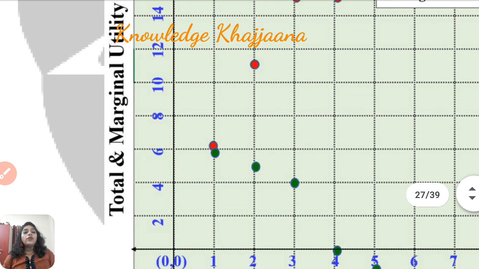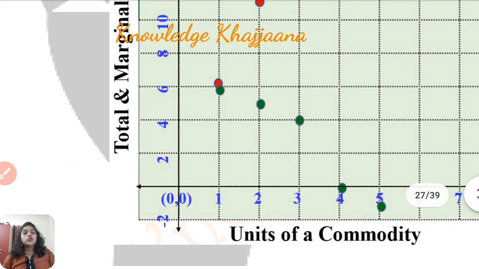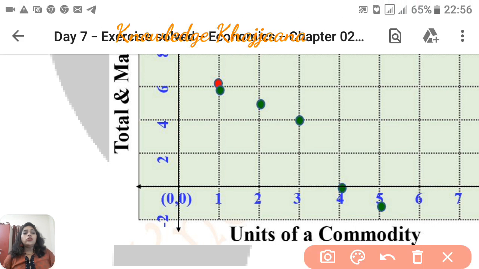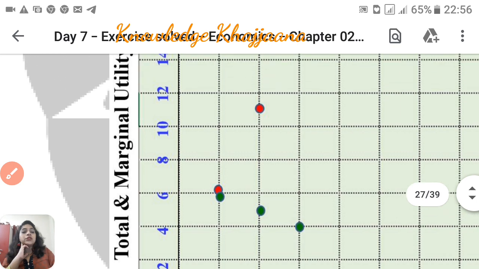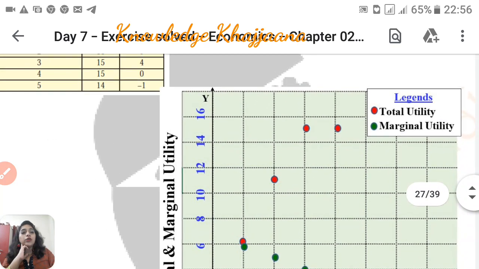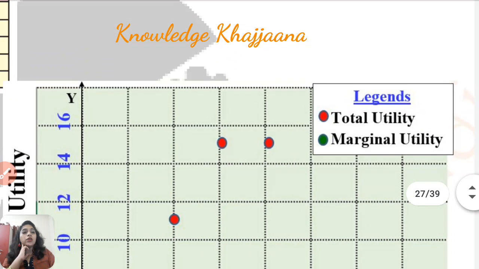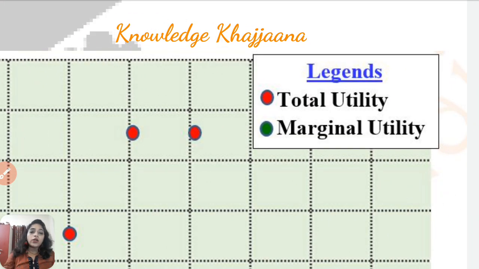When the consumer consumed the first unit, what happened? The total utility became 6 as well as marginal utility became 6. Now when the consumer consumed the second unit, what happened? See, red are the total utility, and in the legends I have shown red dots are of total utility and green dots are of marginal utility.